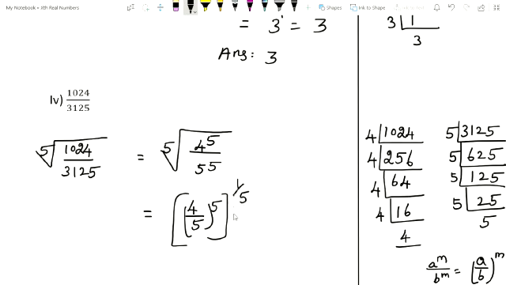Power 1 by 5. Now cancel this. 5 ones are 5. Now what are you getting? 4 by 5 whole power 1. What will you get? 4 by 5. So what is the answer? 4 by 5. You understand, children? Thank you, children.